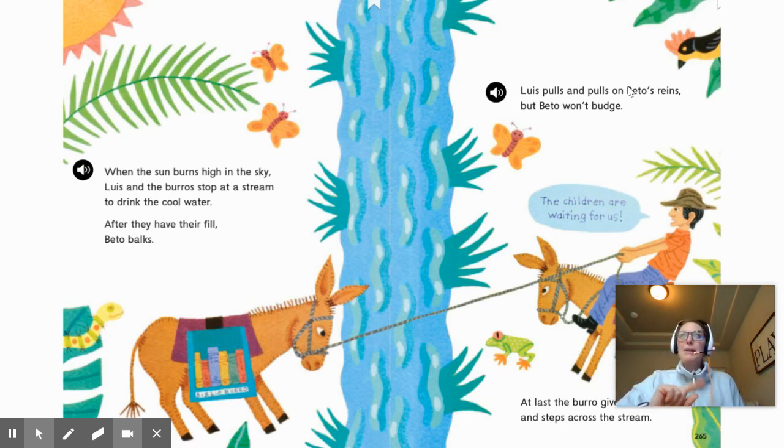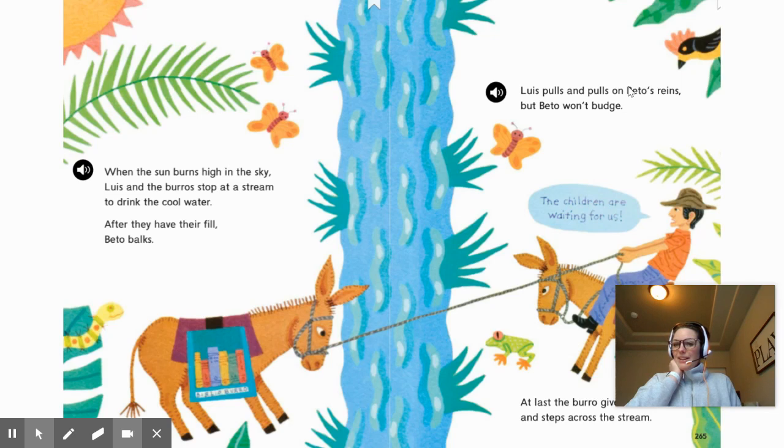So I'm going to stop and think right now about what could be the first clue that the author is giving us. Well, what do we know so far about this story? Second graders, is this story made up or is it true?